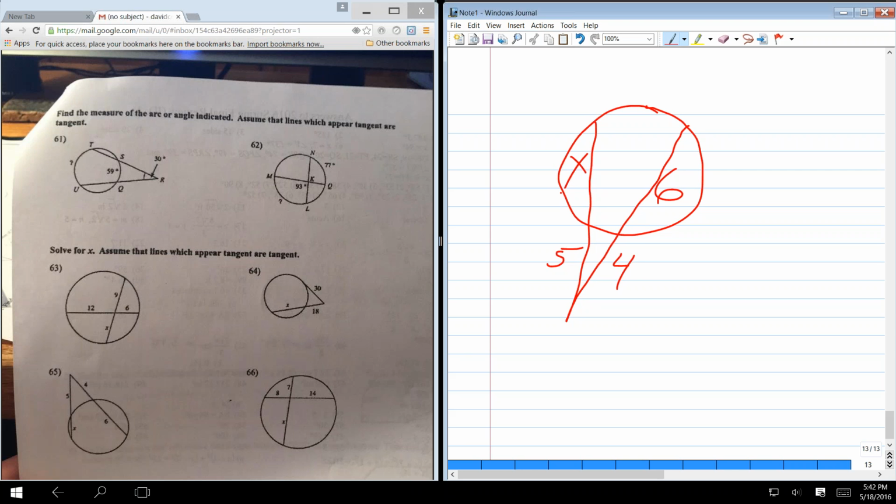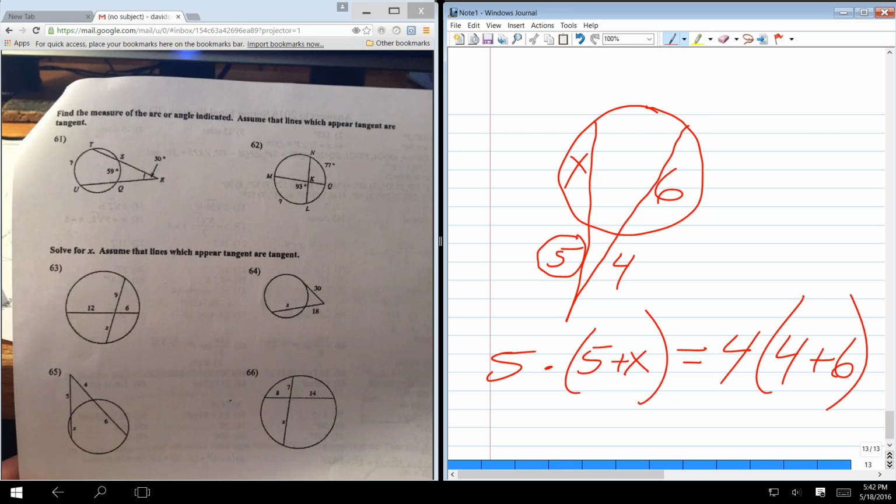Well, it's similar to intersecting chords, but not really. When you have intersection outside the circle, it's this segment times the entire thing. So it's 5 times 5 plus x equals 4 times 4 plus 6. You see the difference? So it's not 4 times 6 equals 5 times x.